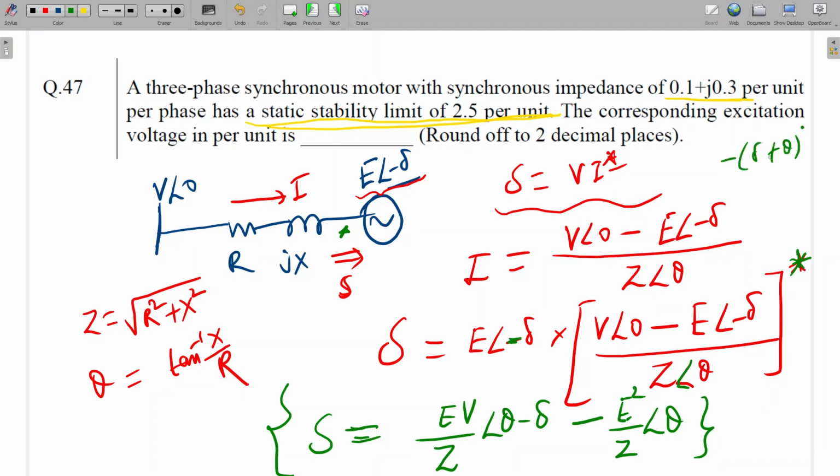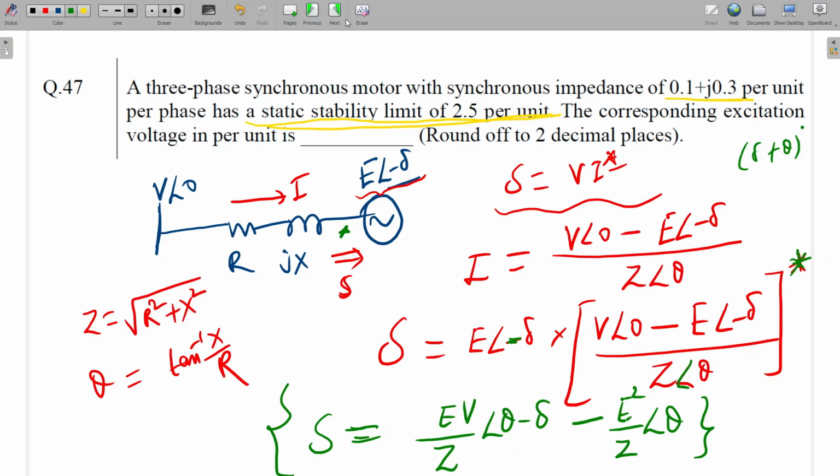If we take the conjugate, it will be plus theta plus delta. Then if we multiply by the angle minus delta, minus delta plus delta will cancel, and what remains is plus theta. Is it clear to all? Should I move next?